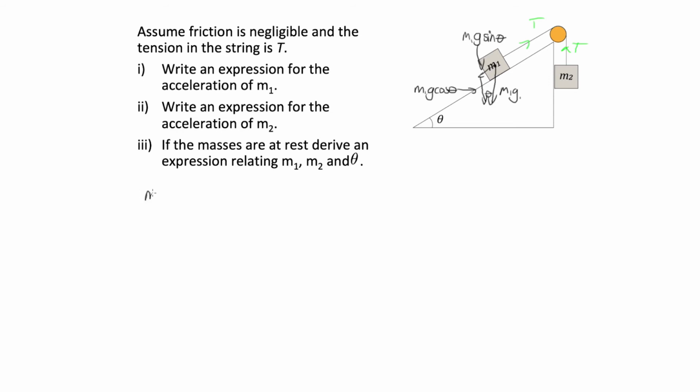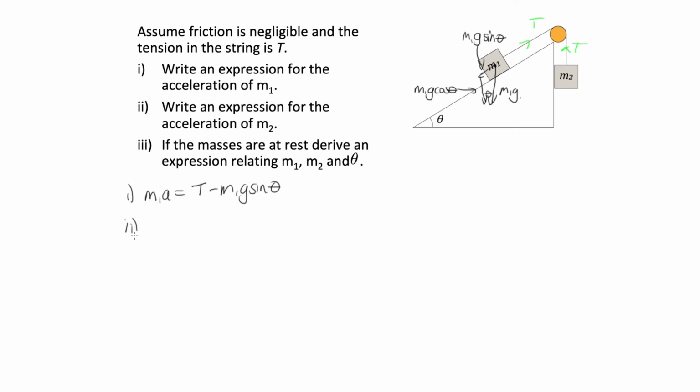So we can say m1a, let's assume it's accelerating up the plane, is the tension force pulling it up the plane minus m1g sine theta, the weight force pulling it down the plane. So that's the answer to part 1.